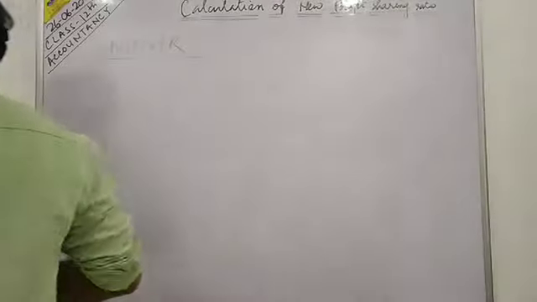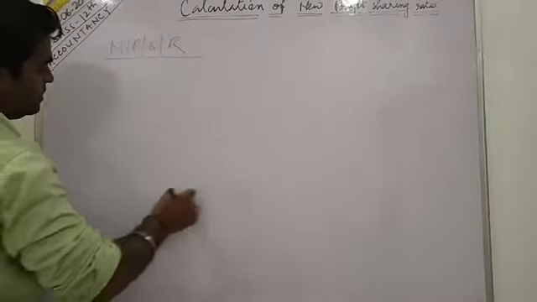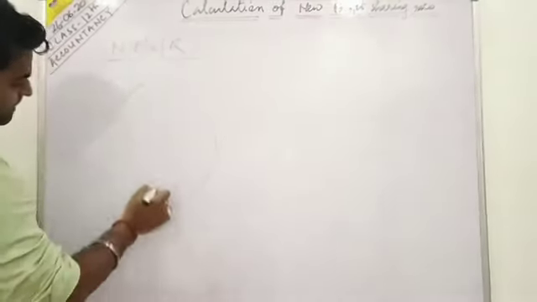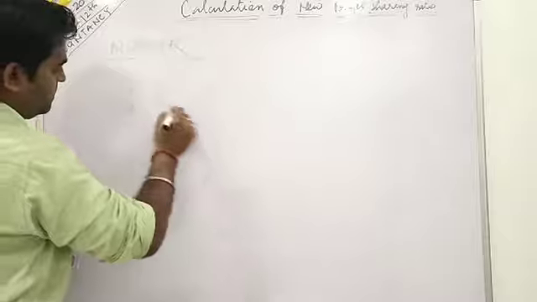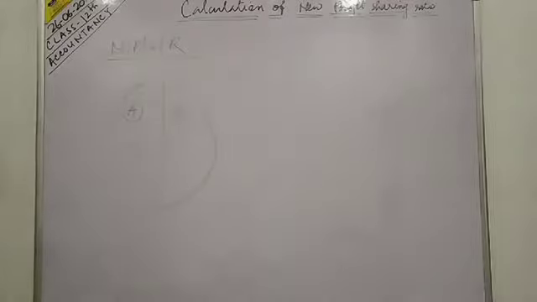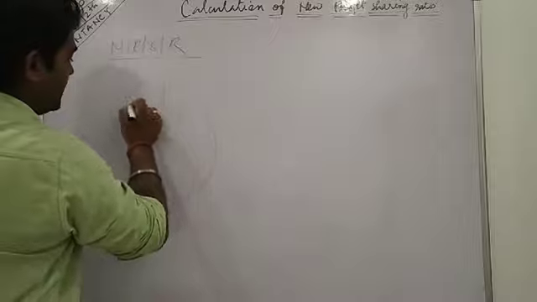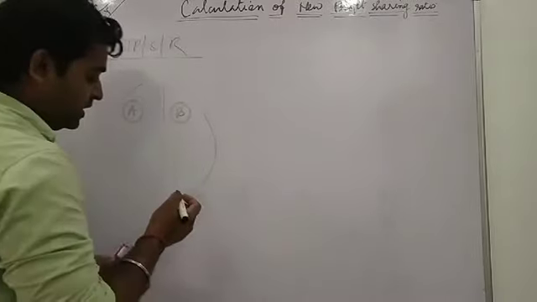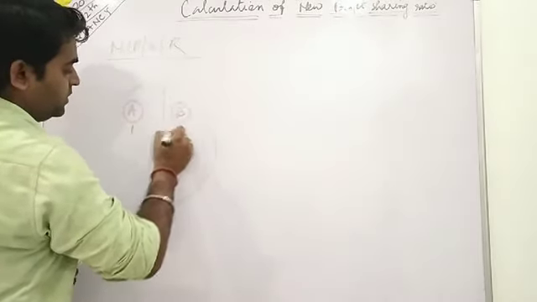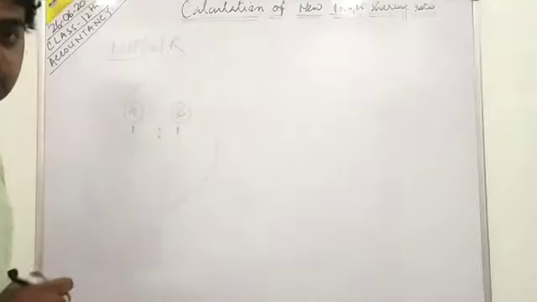Suppose A and B are two partners. They distribute their profit and loss in the ratio 1:1.